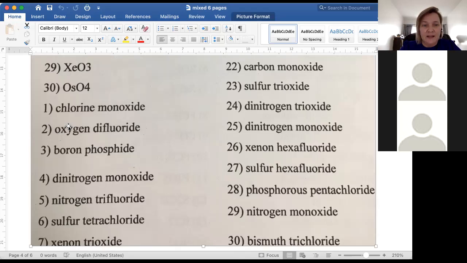Oxygen difluoride, again, if the first one doesn't have a prefix on it, it means that there's only one atom. So this is O and then F2. Oh, this is actually wrong because that should be monophosphide, but anyway. When you have dinitrogen monoxide, the di means that there's 2 N, so it's N2O. Monoxide is 1 oxygen.